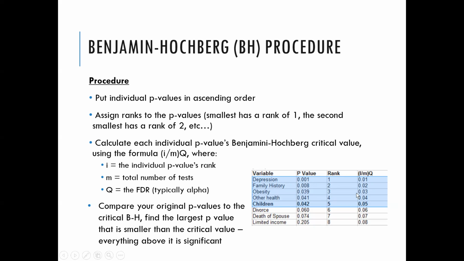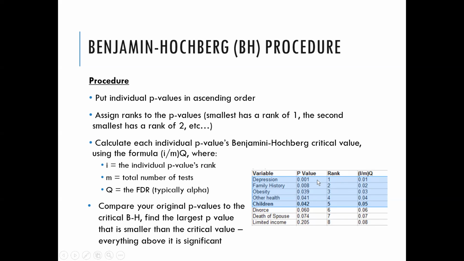So this is what it looks like. This is just a snippet. It just shows 8 different tests, but there's actually a long list of 25 tests. And then we would just rank the p-values in ascending order. And then we calculate the Benjamini-Hochberg critical value, and that's just indicated in this column here.